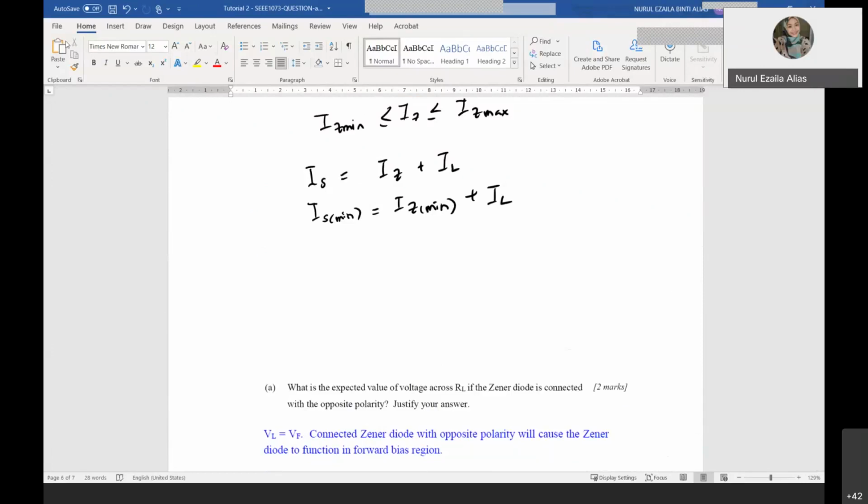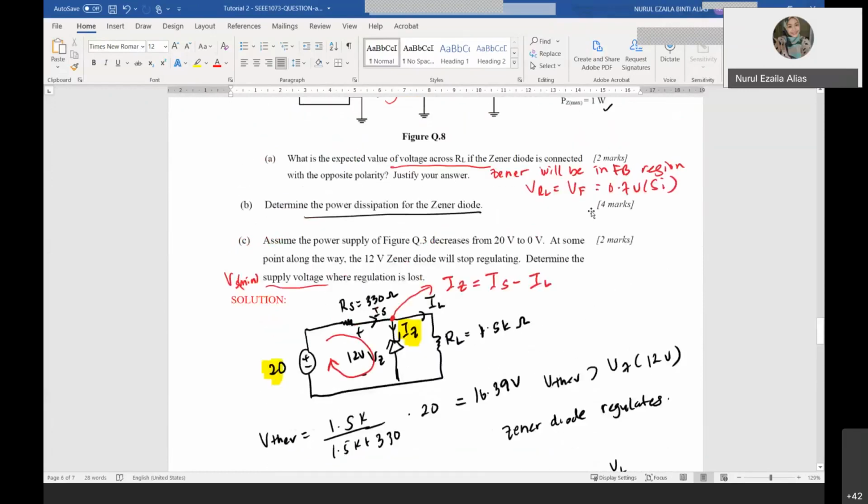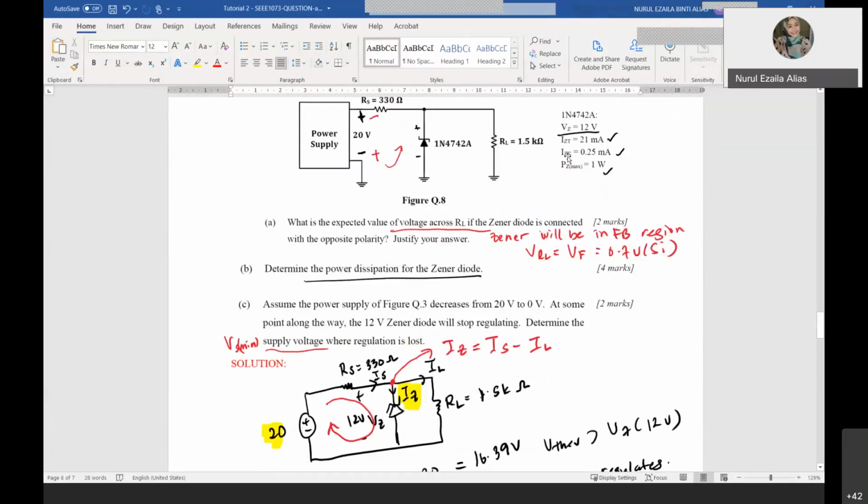So IZ minimum, as you can see, it is given in the question. IZK is at knee voltage. If you see the drawing, it is like this. So this is at forward bias and this is at reverse bias. So this one is IZK if you look at the current IV characteristic.